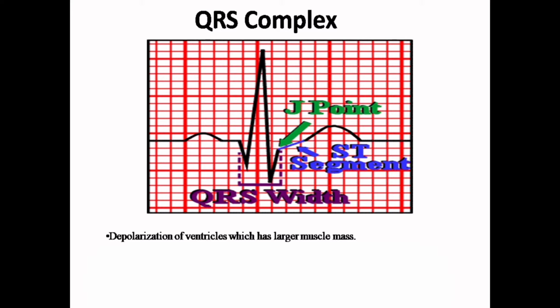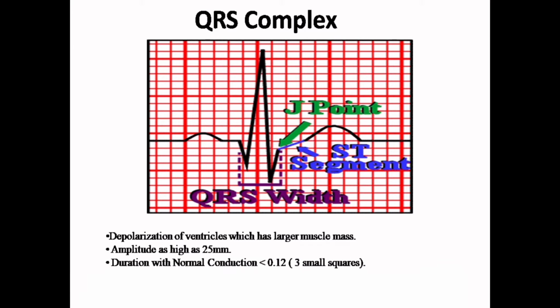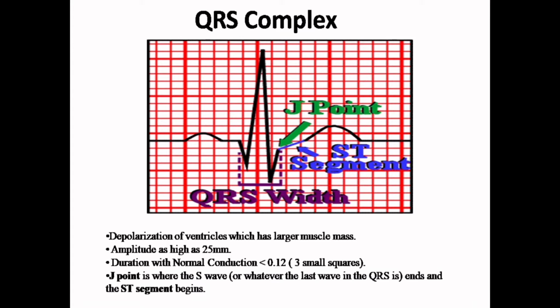So here the amplitude is as high as 25 millimeter and the duration with normal conduction is less than 0.12 seconds, that is 3 small squares. And there will be a J point. J point is where the S wave ends and the ST segment begins. So this point is called as a J point.